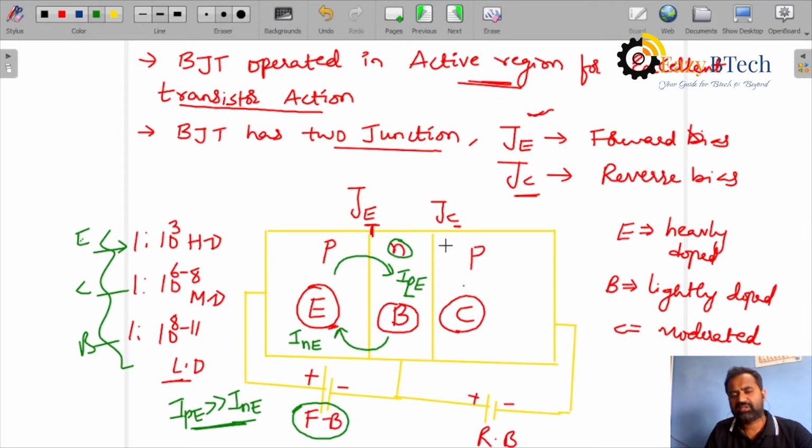The remaining 95% enter the collector region in the form of current IPC. Because the base is lightly doped, only a lesser amount of charges are present in the base, lesser recombination takes place. That is why the charges can enter the collector region.